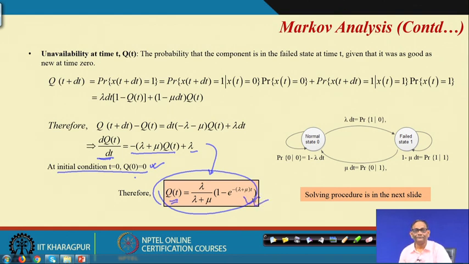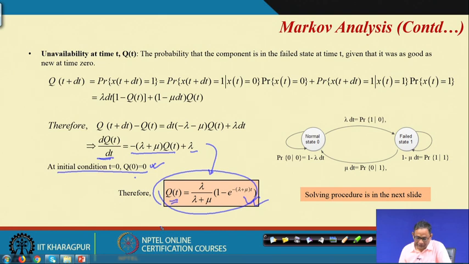Okay. So, this is our unavailability for a two state system using Markov analysis. The failure rate is constant, and ultimately that gives the failure density, the exponential failure probability distribution.